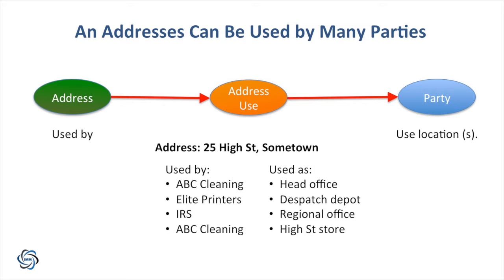So it's very important that these uses are held and recorded separately, because if ABC Cleaning moves their head office, that address usage disappears, but they might still operate as the high street store here. So really powerful.